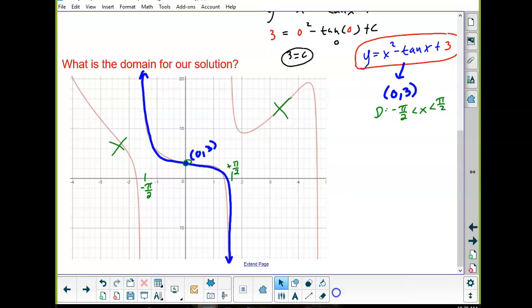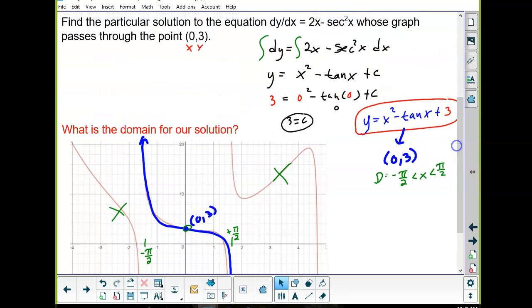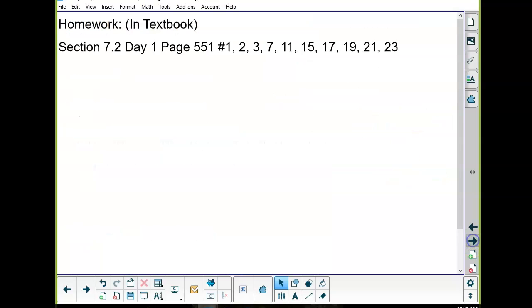The reason I bring that up is that if it's a multiple choice question and they have this answer written down two or three times, they're going to have a different domain attached to it, and you'll have to think of it graphically. If you're allowed to use your calculator, graph this function and read the domain from it. This will come up a little bit later.